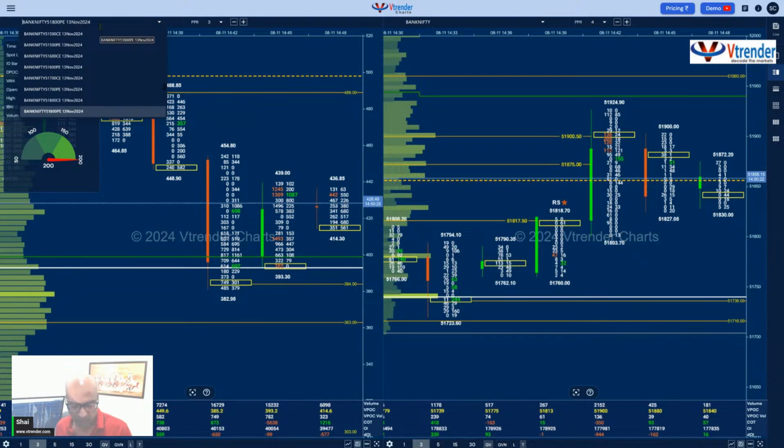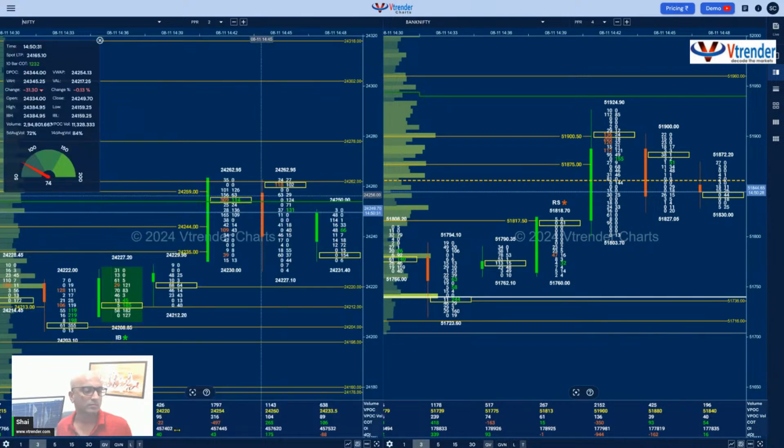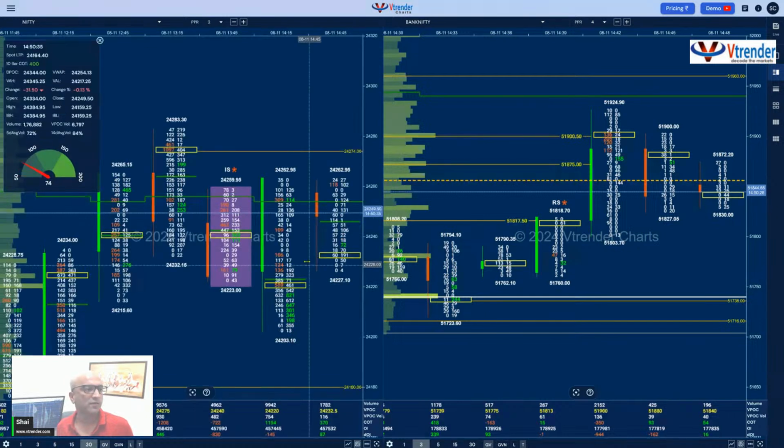The opposite is happening in the Nifty. So we saw that IS bar, initiative seller, and right after this initiative seller, I just remarked to you that there wasn't a lot of more supply coming in. All these guys were on the green side.